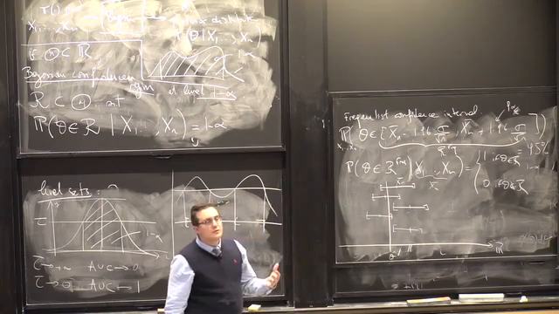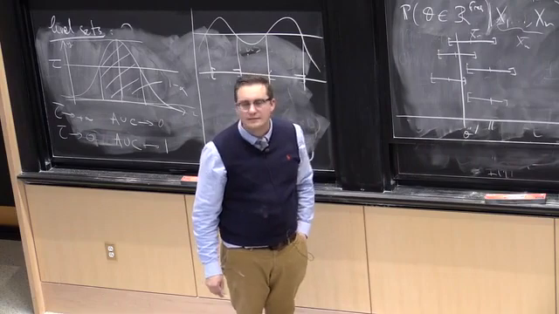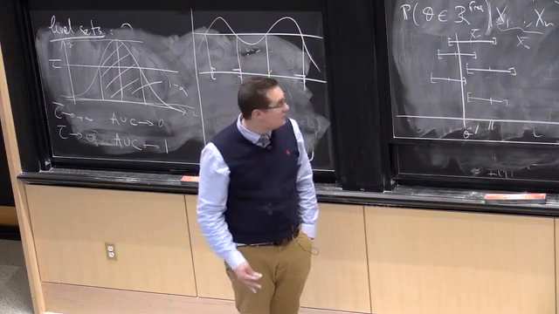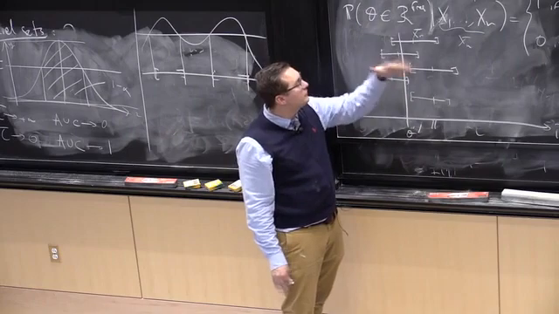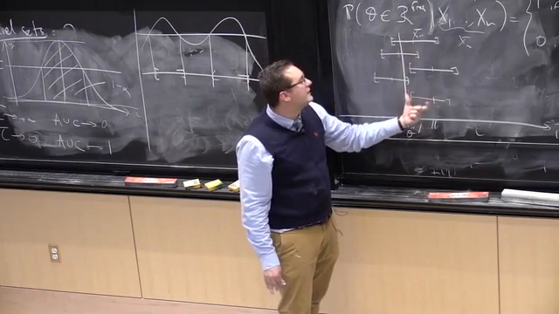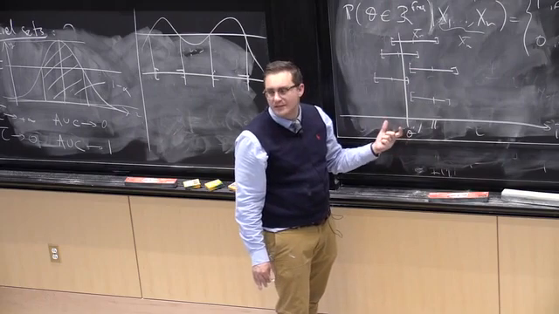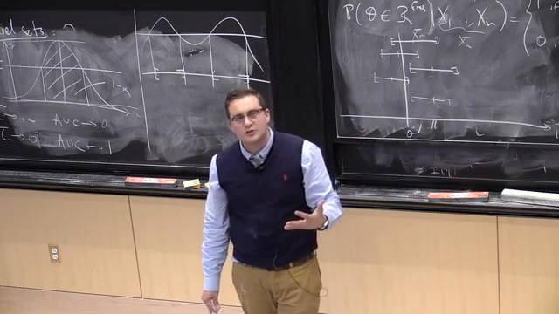And so what does it mean to have a confidence interval at 95%? It means that if I repeat this, the frequency of times, hence the word frequentist, at which I'm actually going to contain theta should be 95%. So it's just a matter of trusting that.